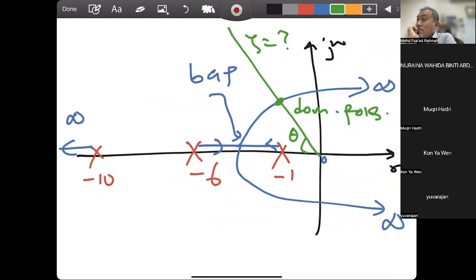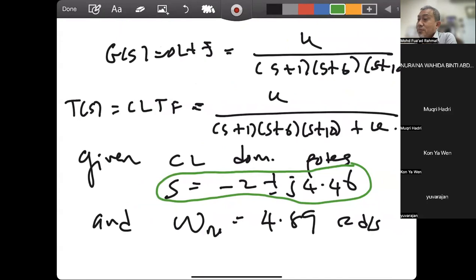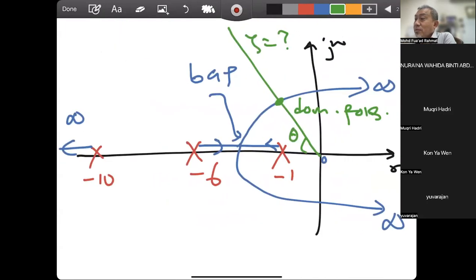Formula. Sorry, speak louder. Zeta is not given. Maybe from the graph. The graph is also not given.